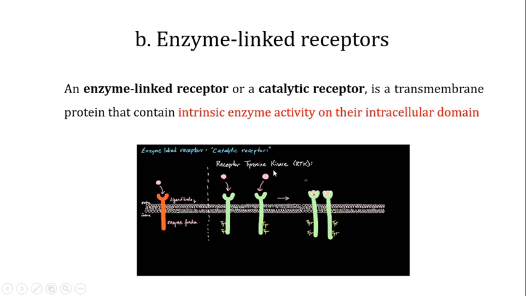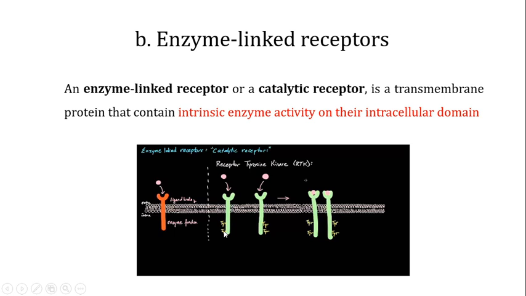Tyrosine kinase activity means that this receptor has the ability to add a phosphate group on the tyrosine amino acid on its substrate. So the intracellular domain of the receptor tyrosine kinase is a tyrosine kinase enzyme. Therefore, we call them enzyme-linked receptors.